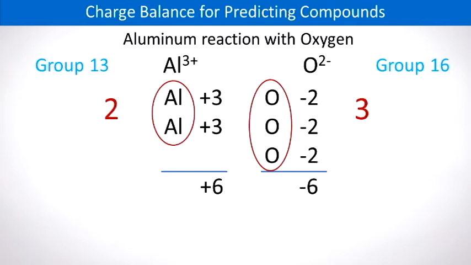Therefore, if we take a tally, we achieve this by stacking 2 aluminum atoms and 3 oxygen atoms, and we write that as aluminum subscript 2, oxygen subscript 3 for aluminum oxide.